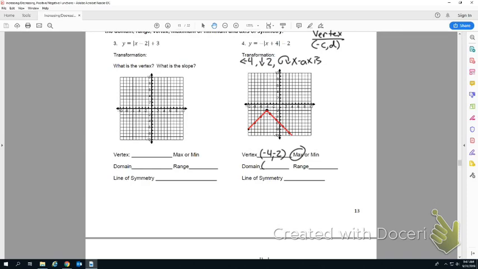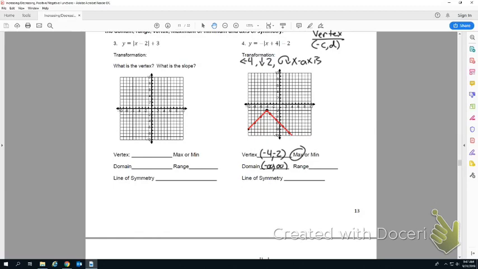On my domain, is every absolute value graph going to have that domain? Yes or no? Yes. Every one of them. So come quiz time on Thursday, if I hand you something and it asks for domain and range on a graph, you don't even have to look at the equation for the domain.